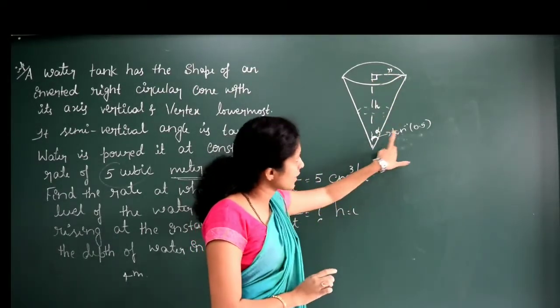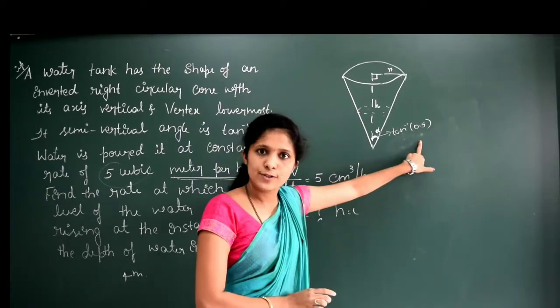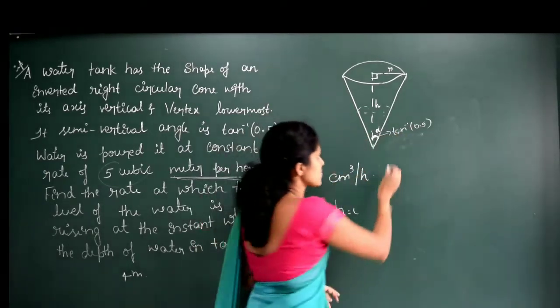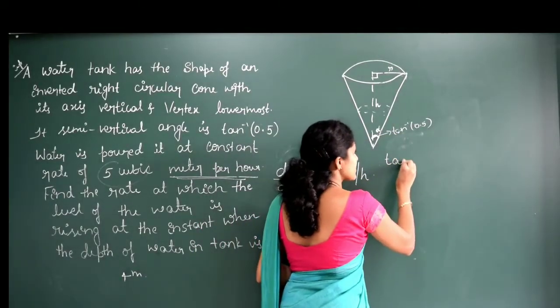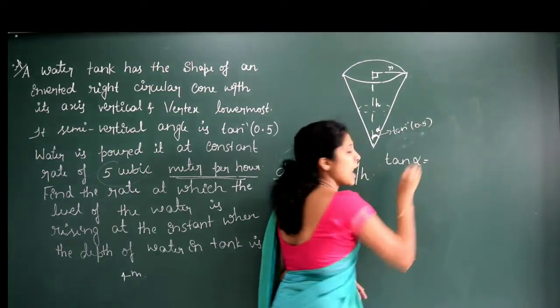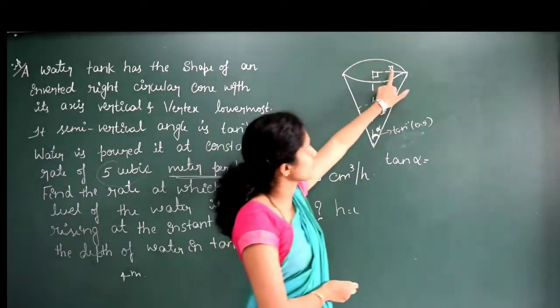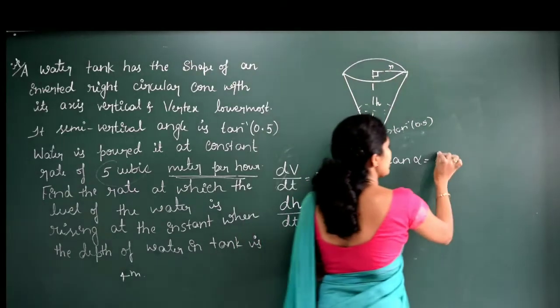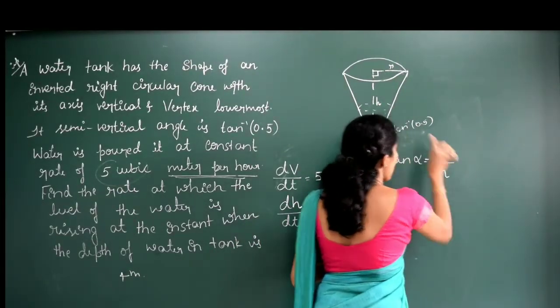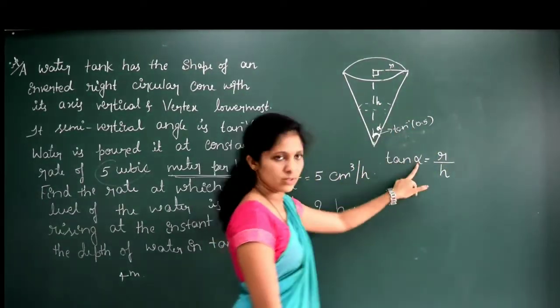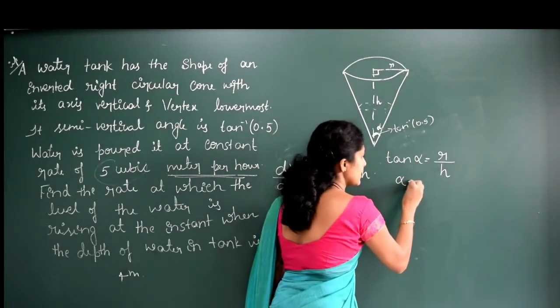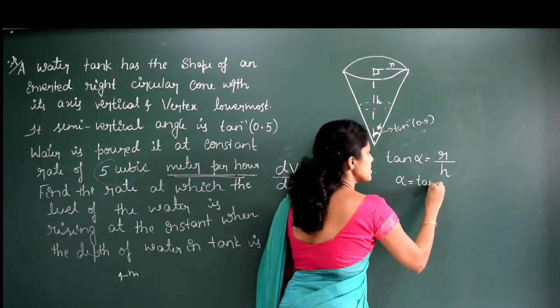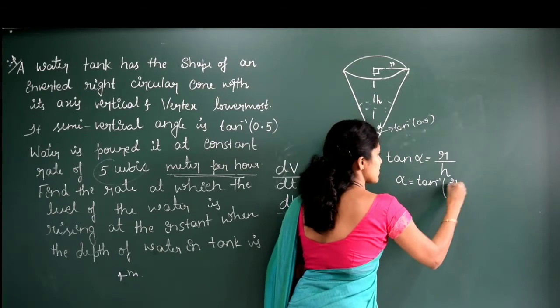By using this we will define tan alpha. Tan alpha will be opposite by adjacent, that is r divided by h, so alpha can be written as tan inverse of r by h.